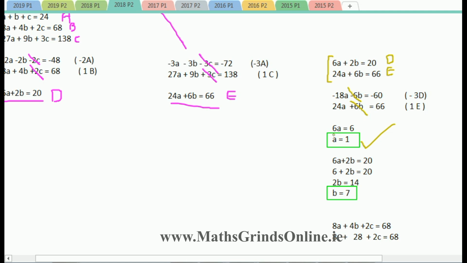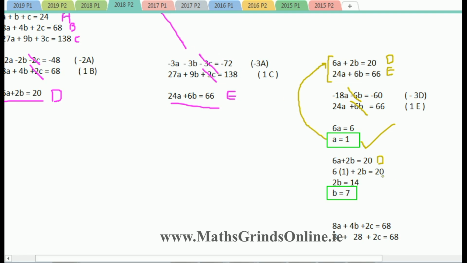So I'm going to sub back into the top equation there, in other words, equation D, to work out what my b is going to be. 6 times 1, a is 1, so 6 times 1 plus 2b is equal to 20.